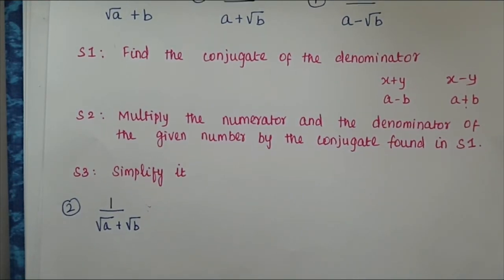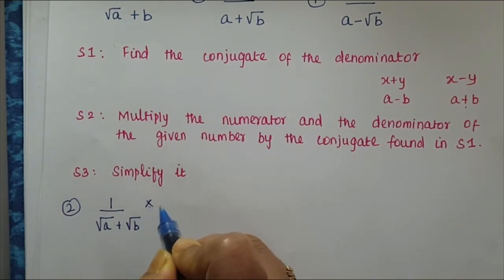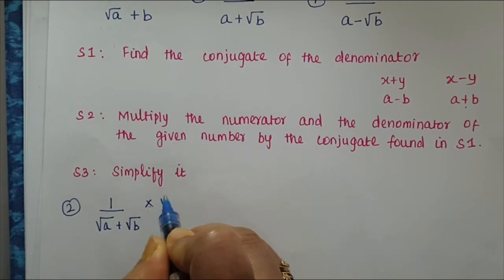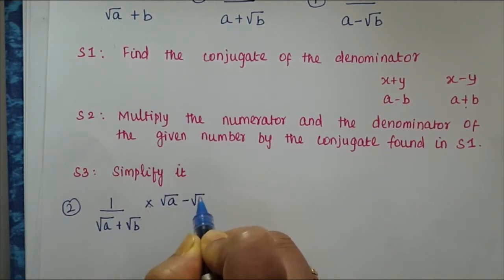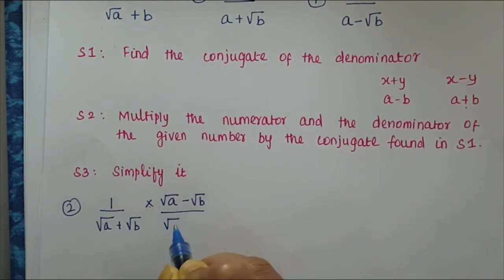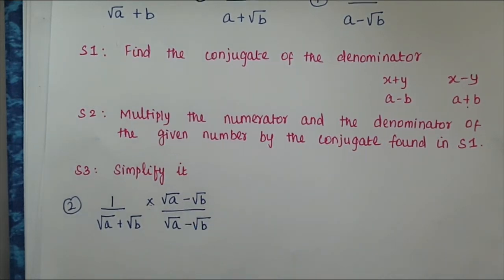You have to find the conjugate of the denominator. The conjugate of the denominator is square root of a minus square root of b. Step 2: multiply the numerator and denominator by the conjugate found in step 1. So the conjugate is square root of a minus square root of b, in the numerator and the denominator. Next you have to simplify it.